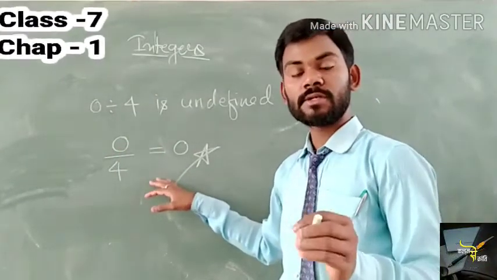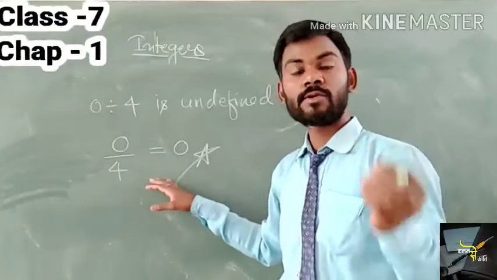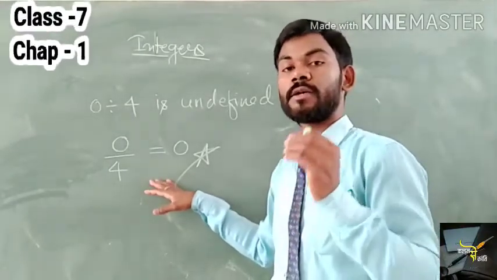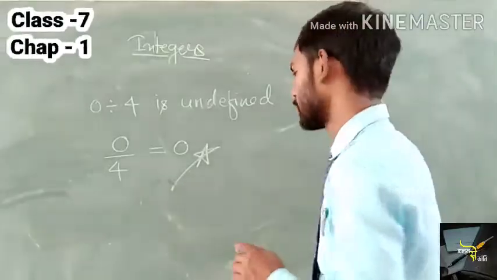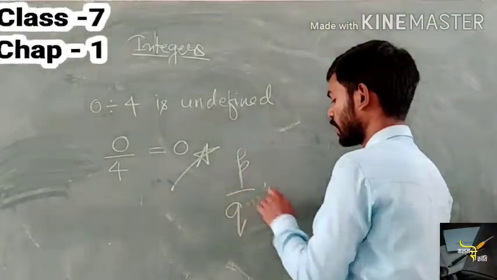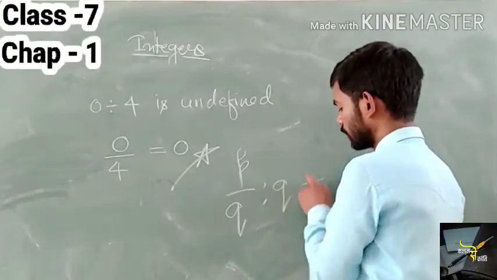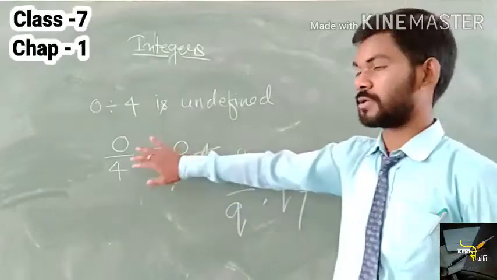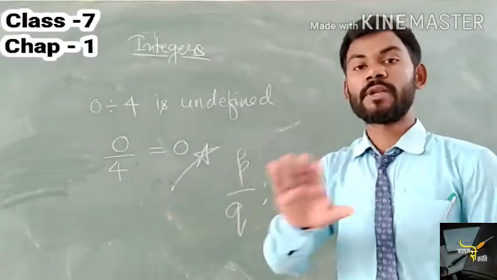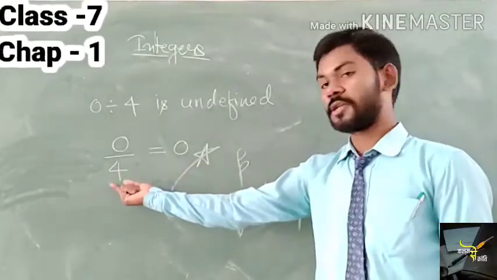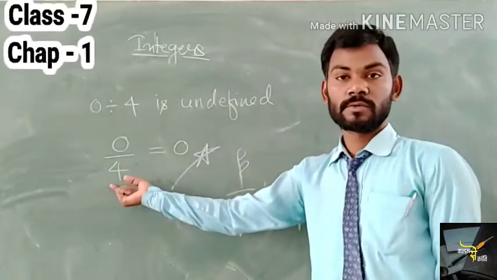As you have studied rational numbers in your previous class, where you defined that if a number is written in the form of p upon q, where q is not equal to 0, the same condition applies here. The denominator will never be equal to 0. So here we can see that the denominator is non-zero.